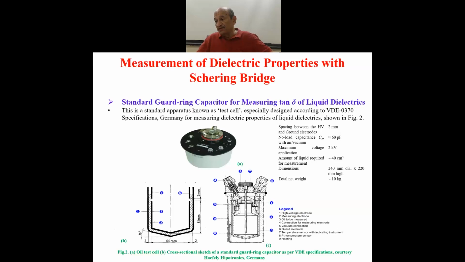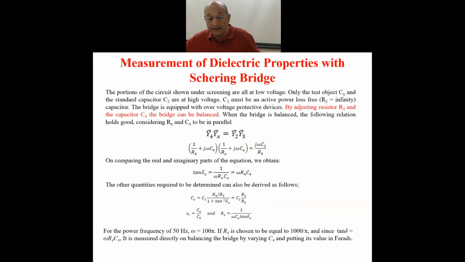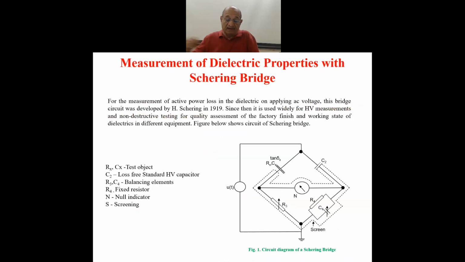Yesterday, in the last lecture, that is in chapter 9, second lecture, I introduced you to a very important, very sophisticated and very good parameter-revealing instrument, which provides revealing parameters about the quality of the dielectric.